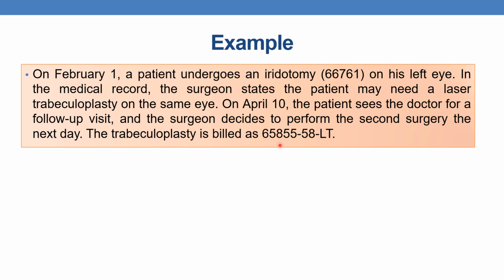So CPT 65855 should be appended with the 58 modifier to indicate an anticipated or planned procedure during the post-operative period. First the iridectomy was performed, and for the same eye, trabeculoplasty is performed after some days during the post-operative period. To indicate that, the 58 modifier is appended.